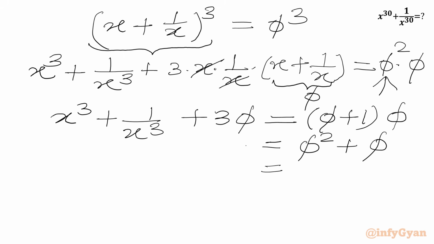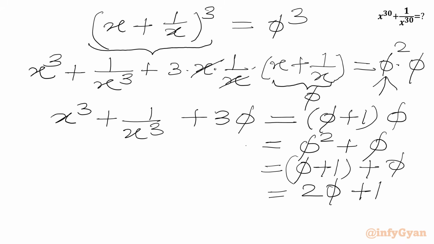Now as per equation 1, φ square is φ plus 1. Then we have φ, which will give us 2φ plus 1. And in LHS we have x cube plus 1 over x cube plus 3φ.